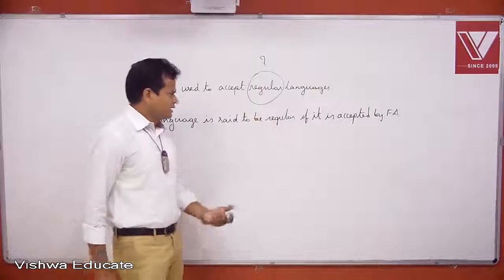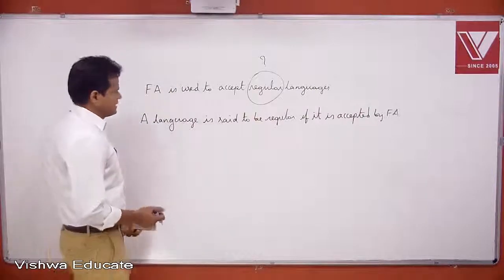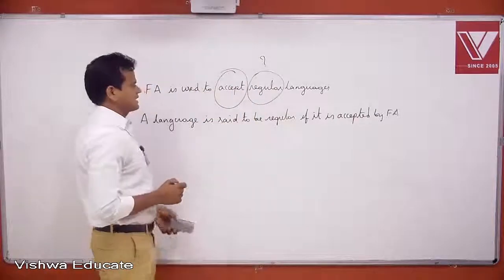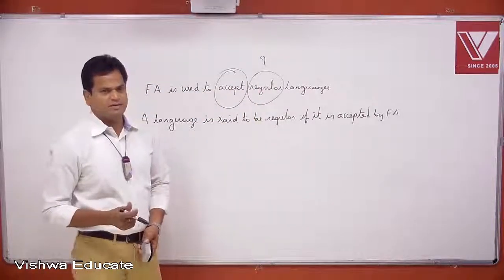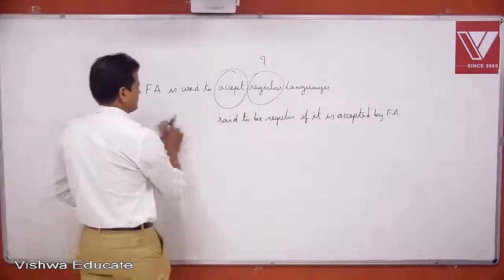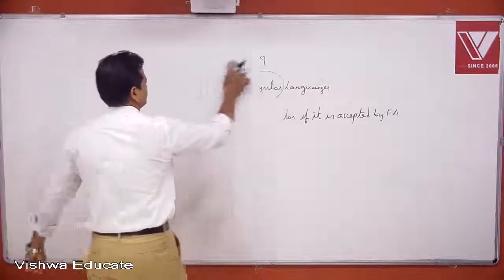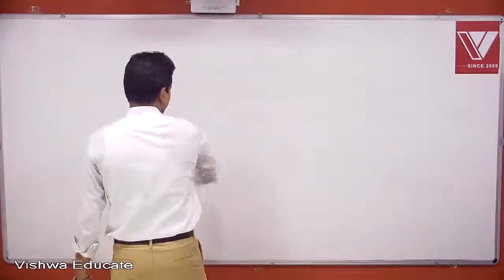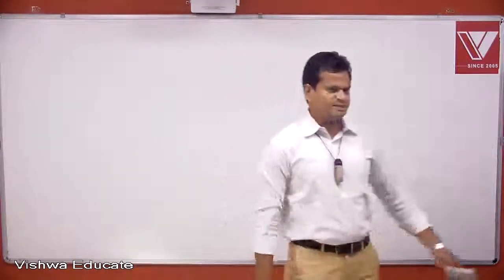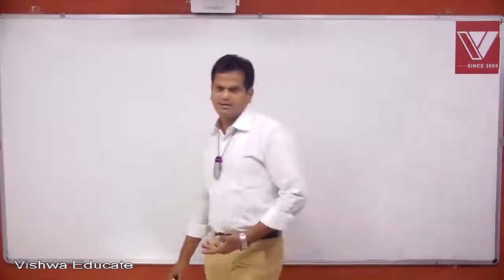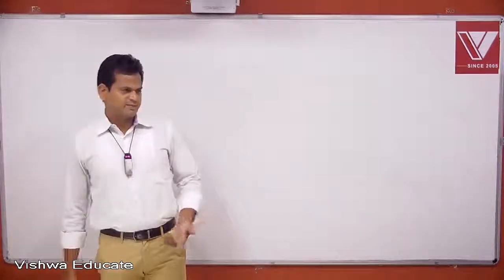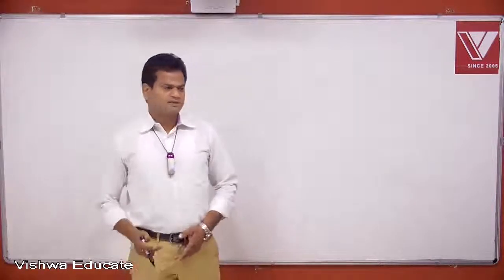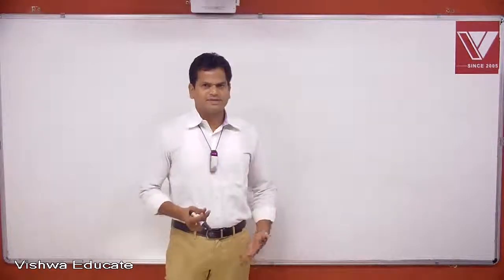Here, how can we say that a language is accepted by finite automata? We will see that. Before going to acceptance of a language by finite automata, we will see what a language is first.